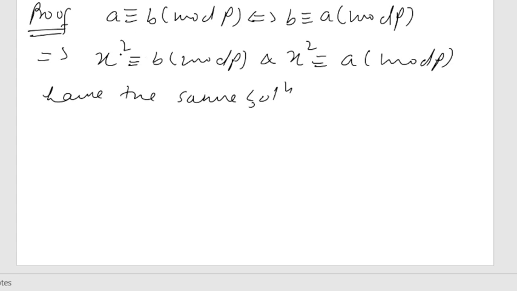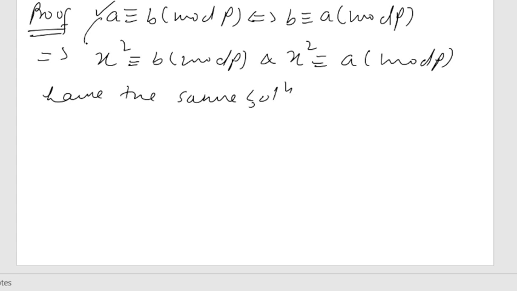That means, because A is congruent to B mod P implies that B is congruent to A mod P, x square is congruent to B mod P, because in place of x we can put this, the first one.